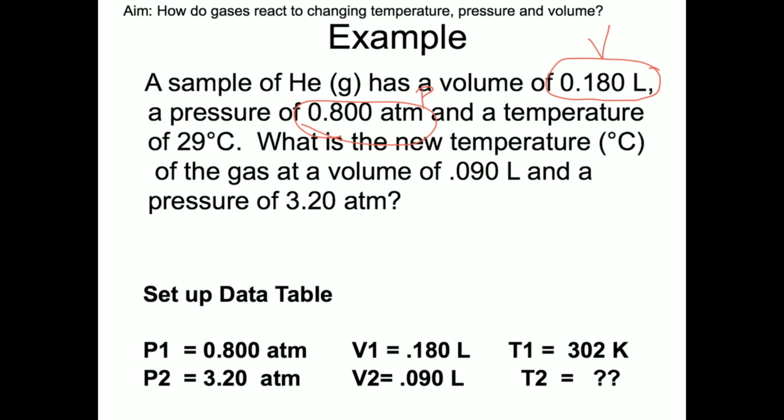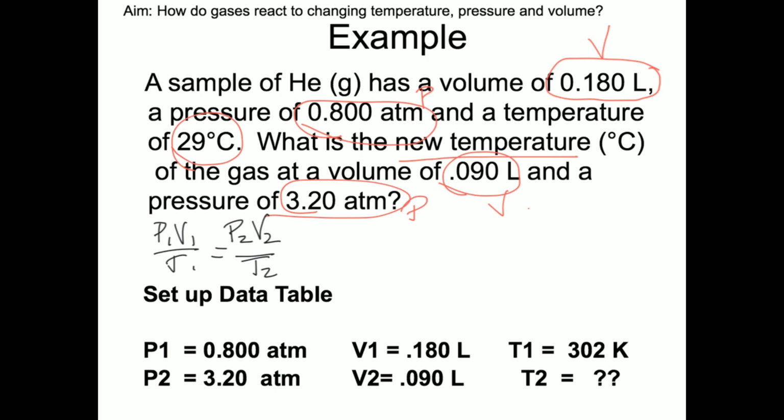And finally, we're given a temperature. Once again, the first temperature is temperature 1. We can see that we're looking for a new temperature, and we are given a second volume that we will call volume 2, and a second pressure that we'll call pressure 2. You can see I've organized my variables in a variable table below.